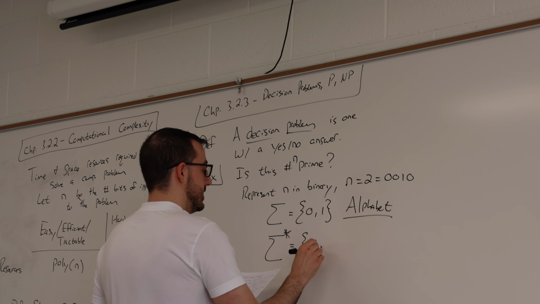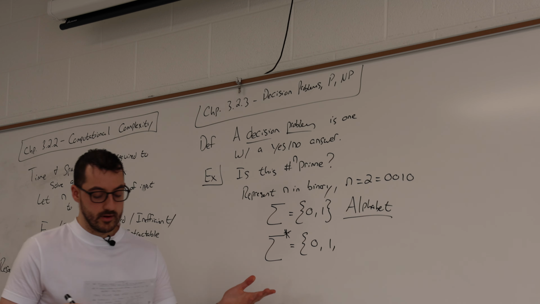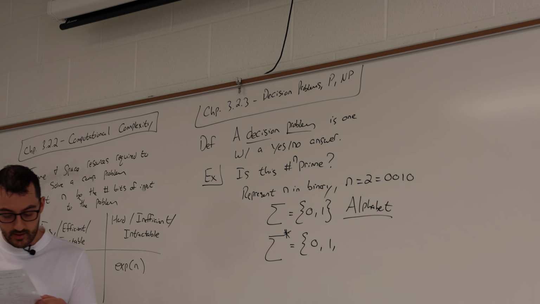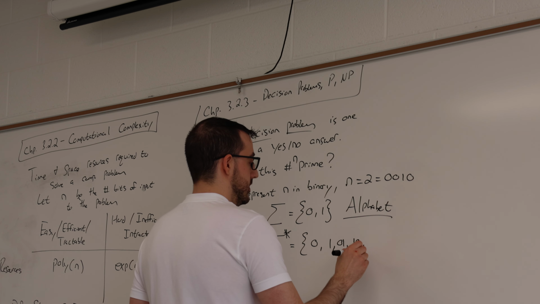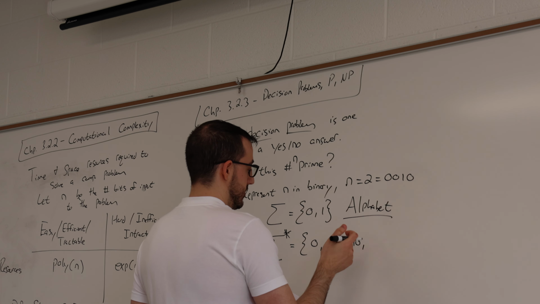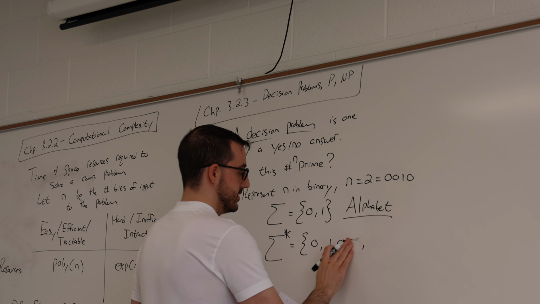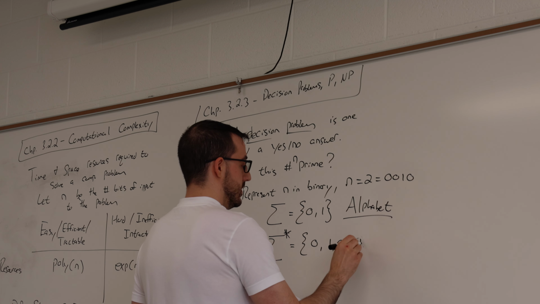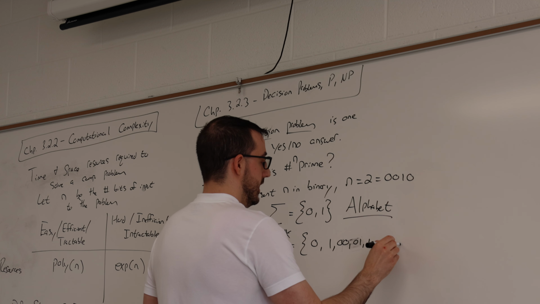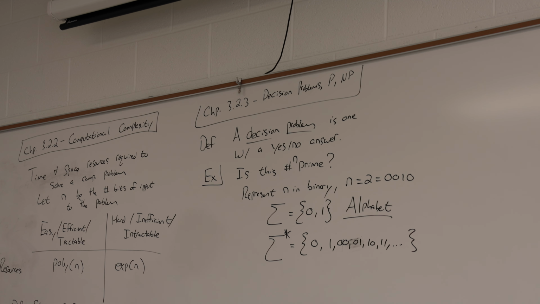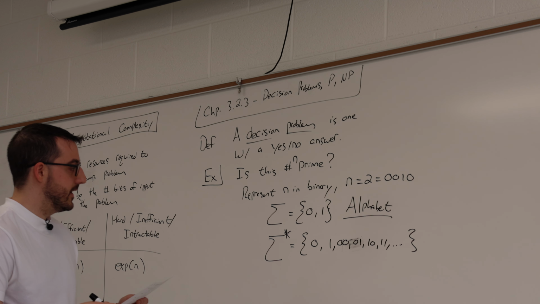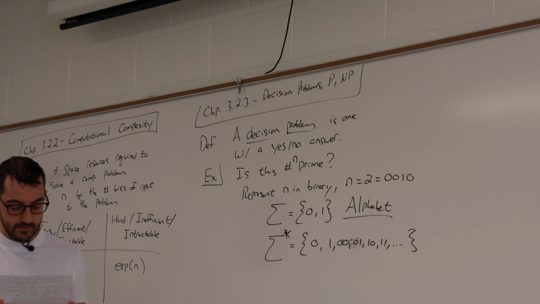So for example, that would be 0, 1. Those are all the strings of length 1. Then it would be 0, 1, 1, 0. Well, I could start at 0, 0, 0, 0, 0, 1, 1, 0, 1, 1, and so on and so forth. So this sigma star is the set of all finite strings over this alphabet.